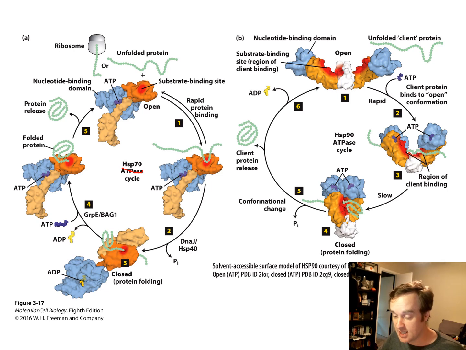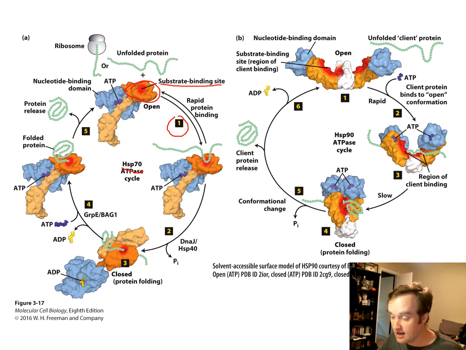In step 1, we have heat shock protein binding unfolded protein in the open conformation of its substrate binding domain. As you can see here, this orange segment is the substrate binding domain that binds the amino acid sequence, the unfolded protein.